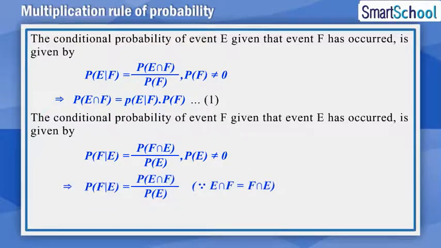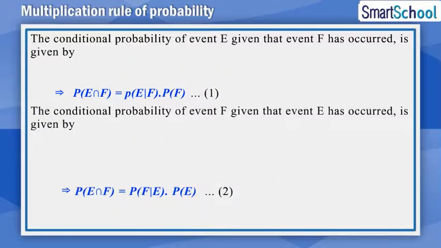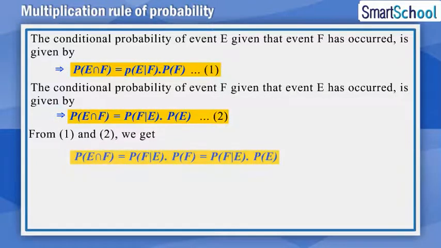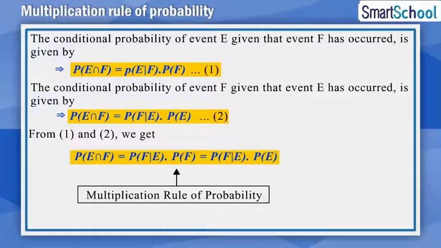Now F intersection E is equal to E intersection F. This implies the probability of E intersection F is equal to the probability of F given E into the probability of E. From 1 and 2, we get the probability of E intersection F is equal to the probability of E given F into the probability of F. This is further equal to the probability of F given E into the probability of E.